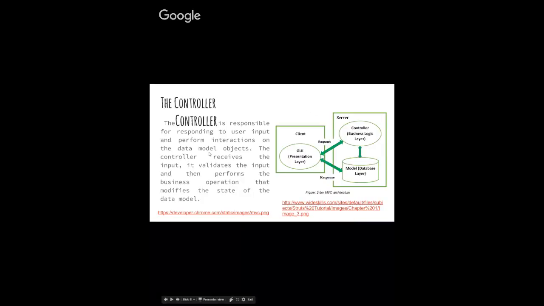The controller is responsible for responding to the user's input. It is what does all of the work. It's the workhorse. The model sits there, but the controller has double duty. It talks to the model and receives instruction from the model to give back to the view, or to the client. It receives input, validates the input, and then performs an operation on the model.